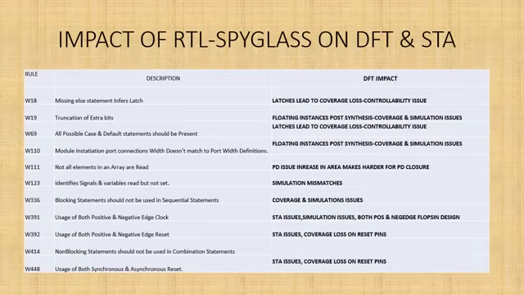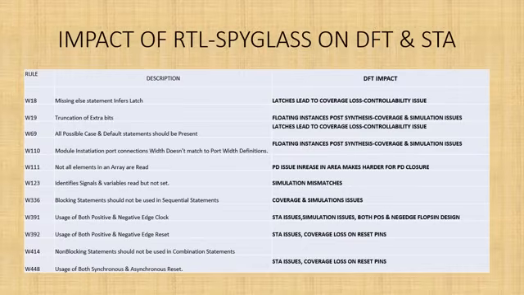Now, what if there are signals and variables which are read but not set? In such scenarios, some instances are floating. If you have a floating instance, there is no value. When there is no value, it will lead to X sources, which will lead to simulation mismatches.